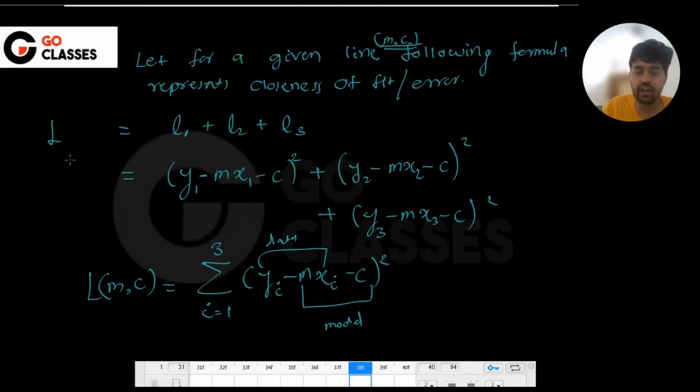I am computing this error, or the closeness of fit, for a given line with parameters m comma c, y is equal to mx plus c. I have given data with 3 points, and I computed this error as the sum of squares. Since this data is always fixed, the only thing I am allowed to change is the parameters m and c. So this entire thing is a function of m comma c, right?